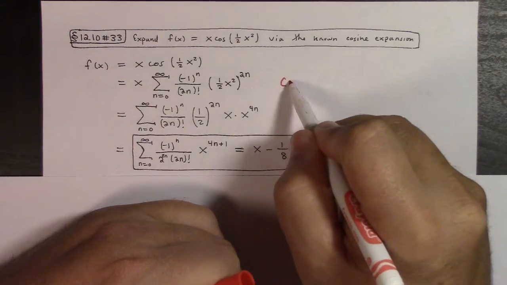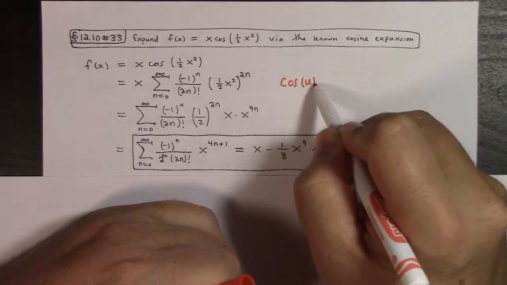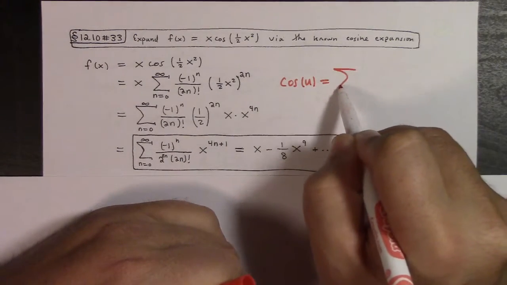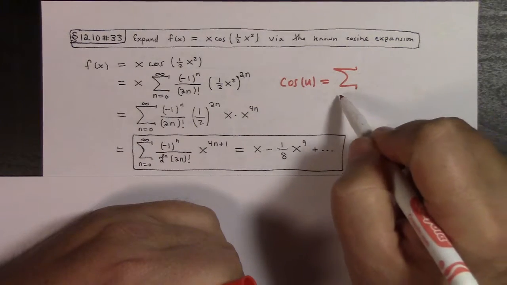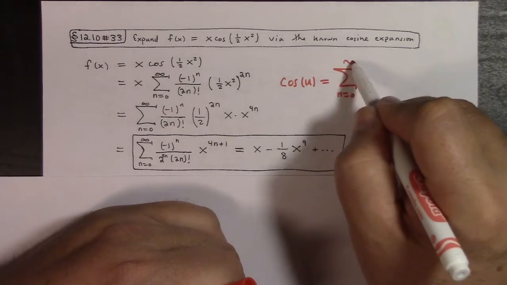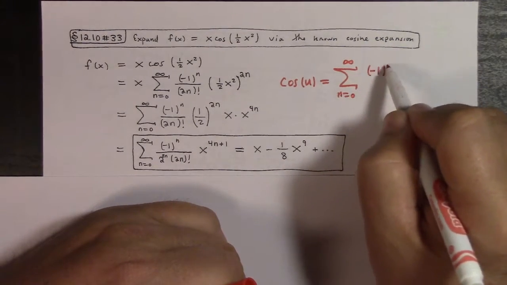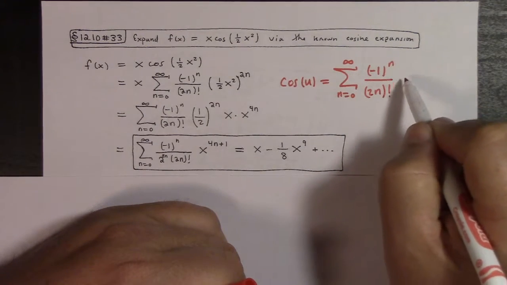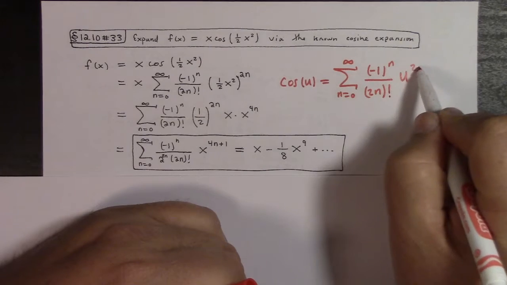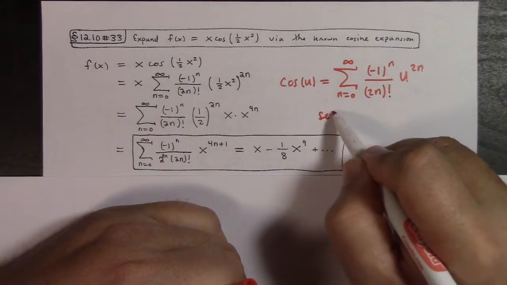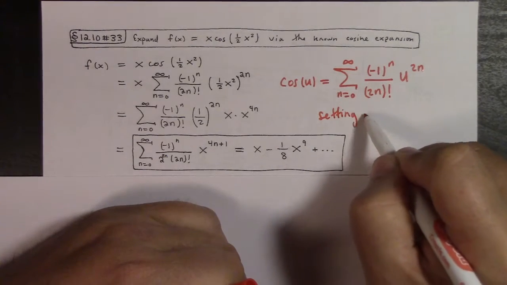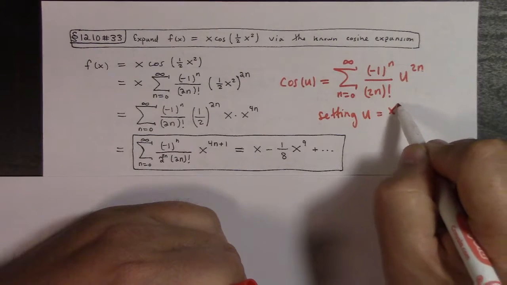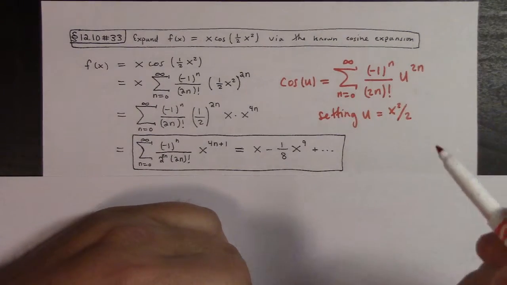Cosine of u, we know from previous work, is the sum n equals 0 to infinity of -1 to the n over (2n) factorial times u to the 2n. So we're just setting u equal to x squared over 2 to do this problem. Okay, that's the idea.